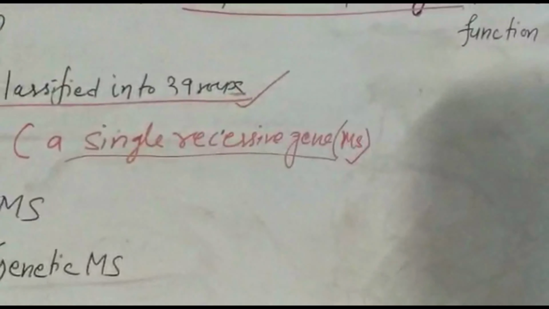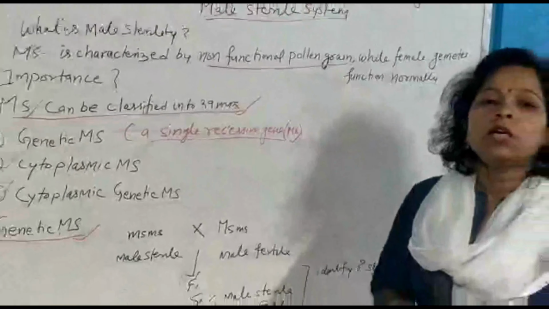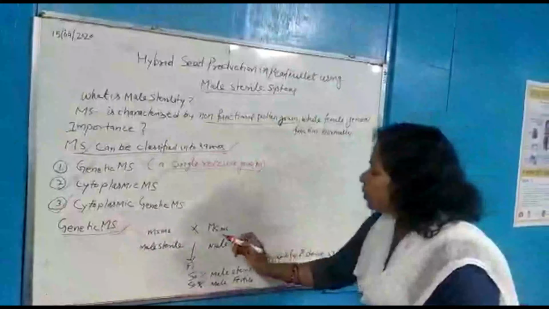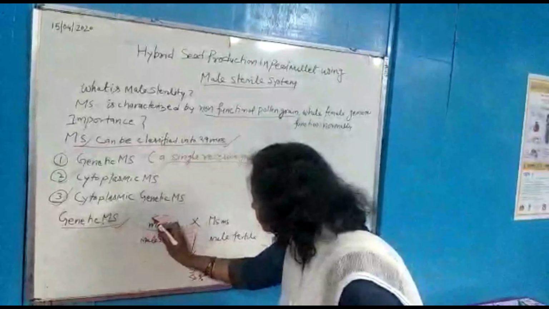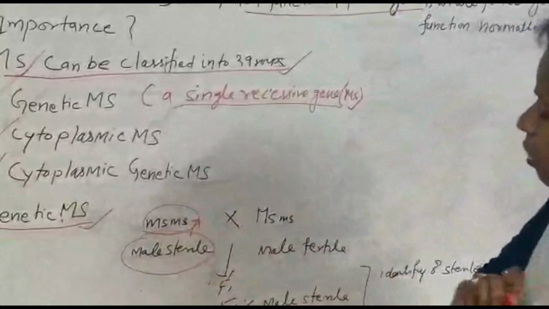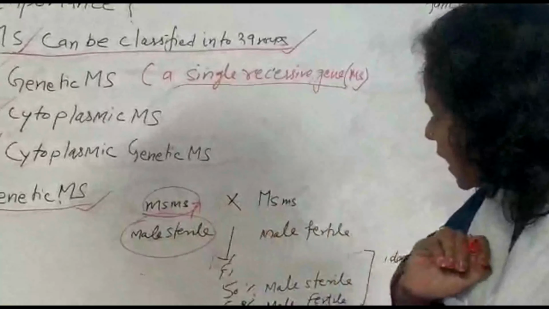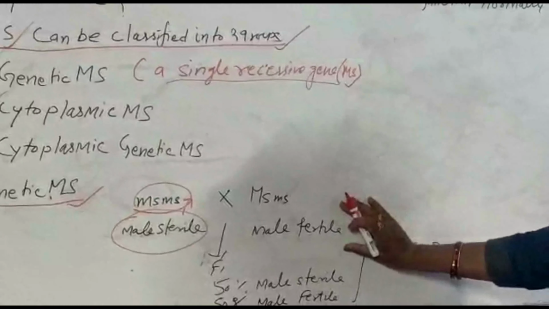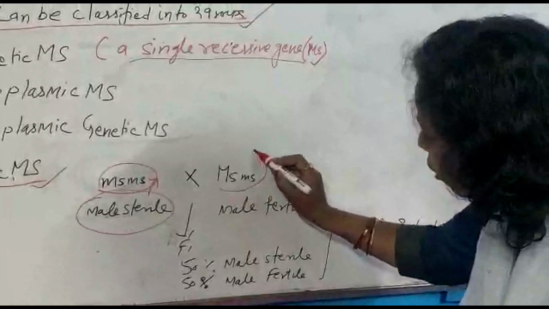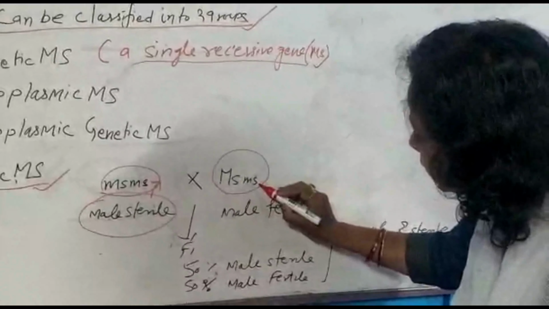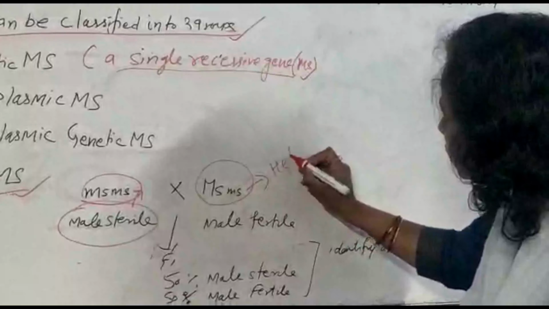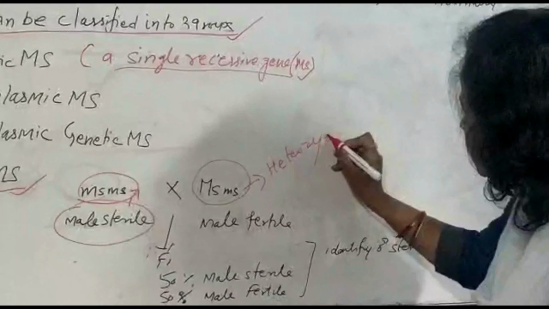But in some cases, it is also governed by dominant alleles, as in the case of safflower. So here we are taking the male sterile line, which has the genetic constitution small ms small ms, and second, we are taking the male parent, which has the genetic constitution capital MS small ms. It means this parent is heterozygous.